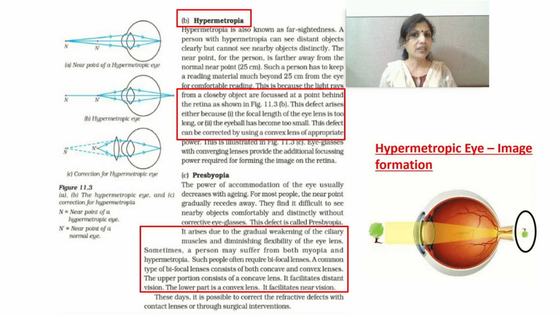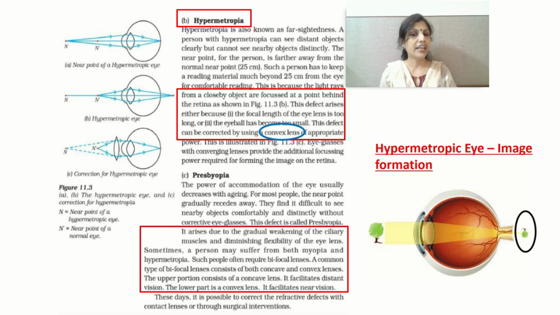So to correct this defect, we need a lens which has the tendency to converge the rays of light and will bring the image on the retina. And the converging lens is the convex lens. So hypermetropia is corrected by using a convex lens of appropriate focal length.